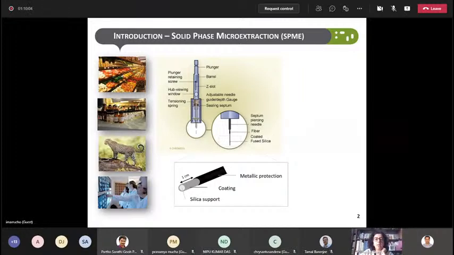This is done today typically to evaluate anything that is present in very small concentrations and that we cannot evaluate with our current analytical techniques. So this serves to concentrate samples and to analyze samples in, for instance, a GC or a GC-MS.